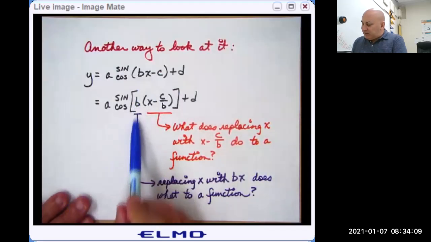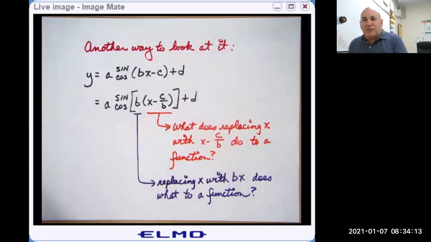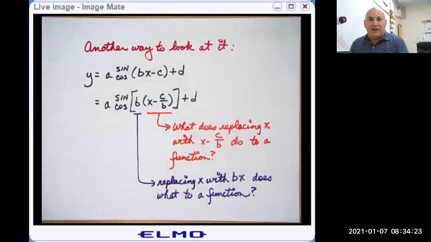Well, this b is just normally, in any function, if we put a b in there and multiplied our x by it, that's going to stretch or compress it horizontally. And that's what 2 pi over b does. It tells us the period, which will either stretch if b is between 0 and 1, or it will compress if b is greater than 1.